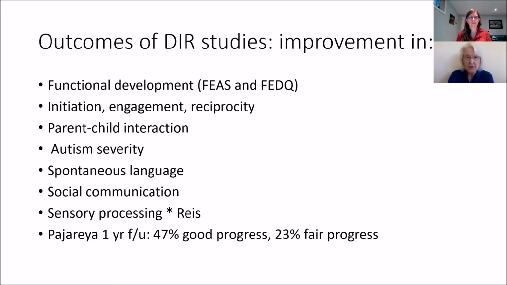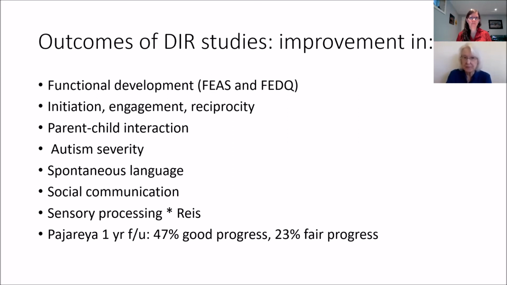And then if you just look at the outcomes overall of these DIR studies, you'll see improvements specifically in the functional development. The FEAS, which you said, Daria, you're learning now, is a very well-respected measure of functional development along the lines of our DIR milestones. And the FEDQ is the Functional Emotional Developmental Questionnaire.